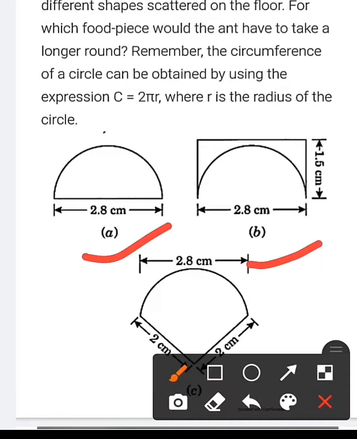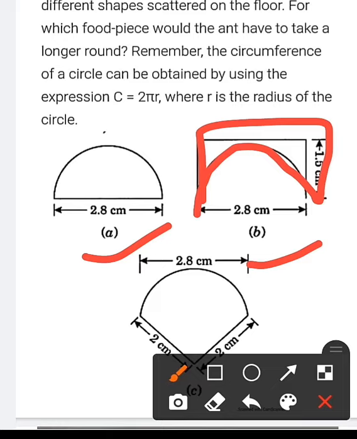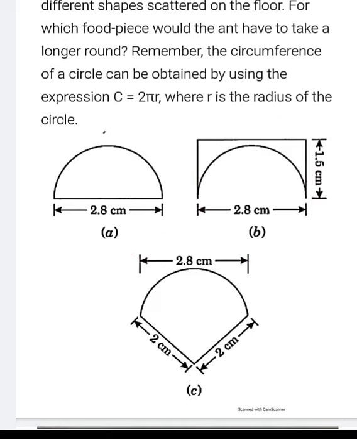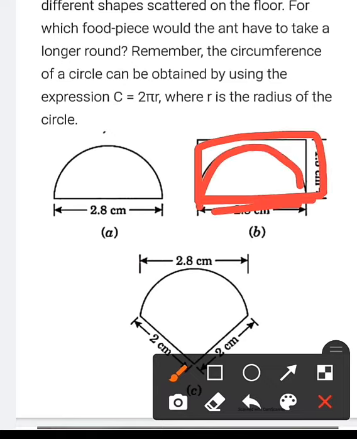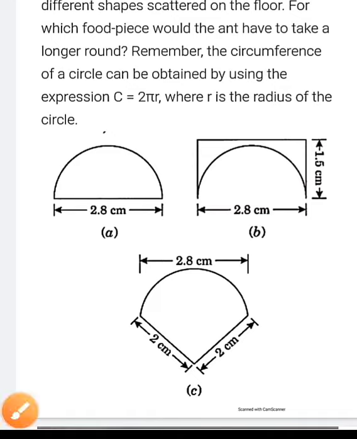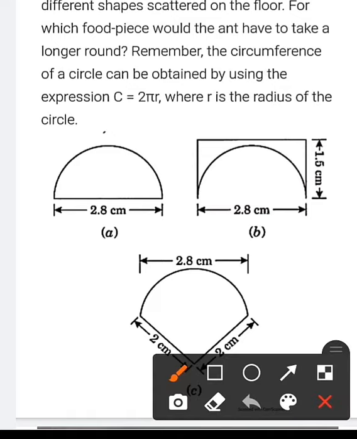Second one, the ant will move like this, and then it will move like this. This part is empty. So what we need to do is find the perimeter of the rectangle, and then remove from it the circumference of the circle part. You have to subtract the empty middle part. So you need to think how you can find out this thin layer.